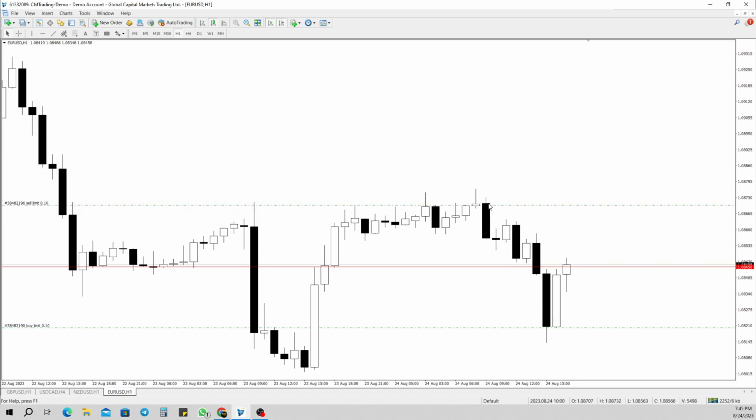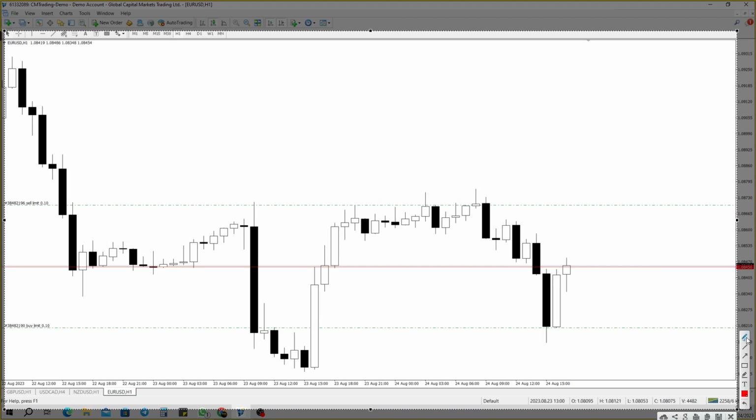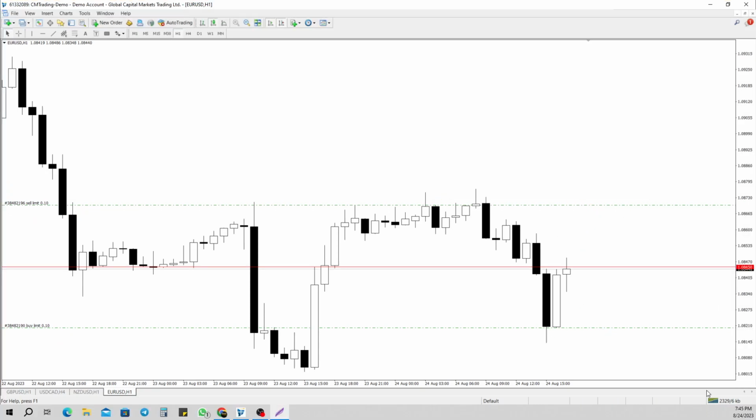When you place that here, you can see your sell limit order has been set up right there. Now when the price comes higher to this area, your sell order would be executed. This is the difference between buy limit and sell limit. Buy limit would be below the current price, and sell limit would be above the current price. So that's how you can use limit orders.